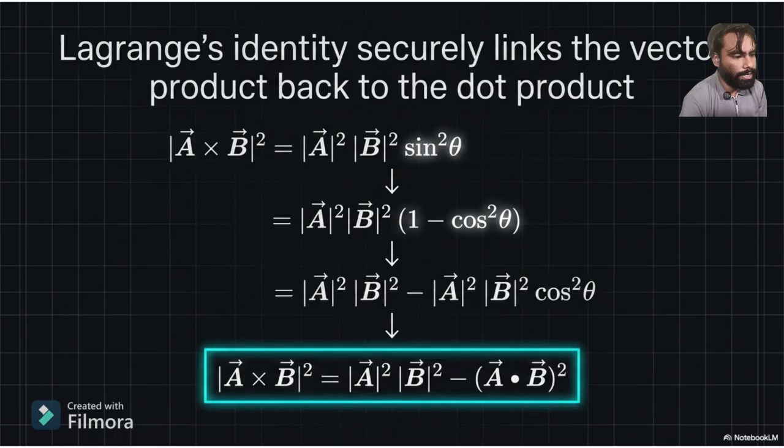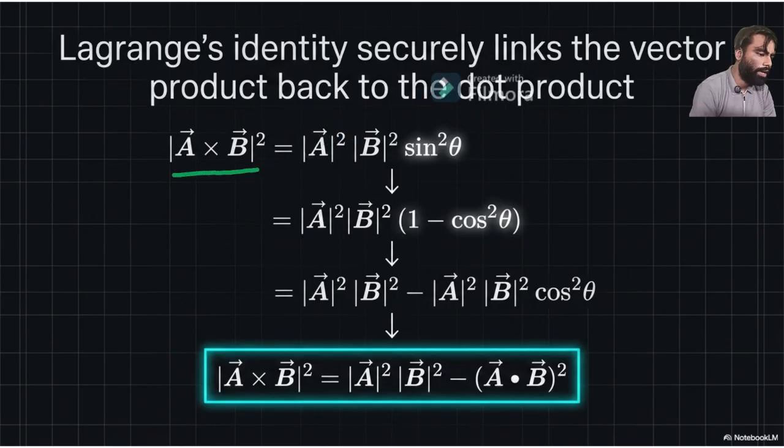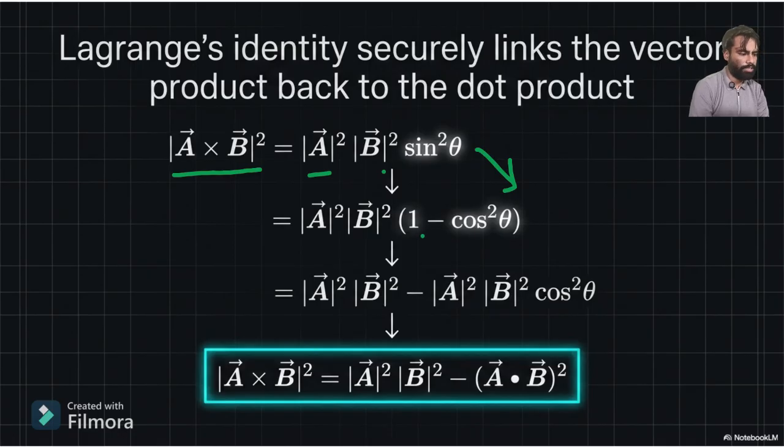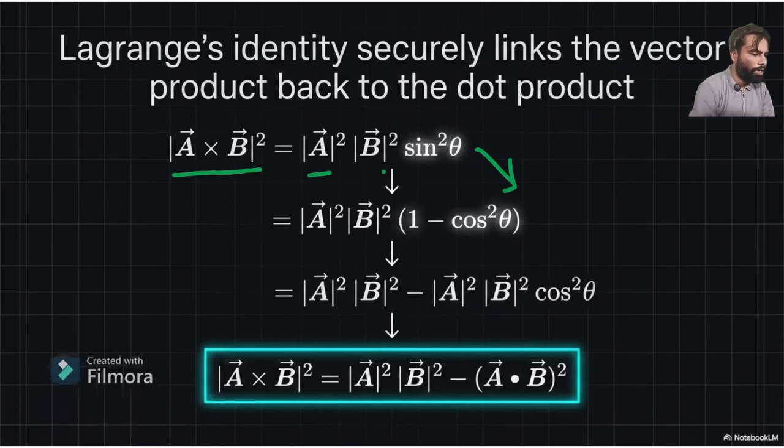Now another identity, which is Lagrange's identity. How can we derive it? We can find that the mod of A cross B, squared, is A squared B squared sin squared theta. Easily, sin squared theta is equal to 1 minus cos squared theta. So A squared B squared minus A squared B squared cos squared theta.